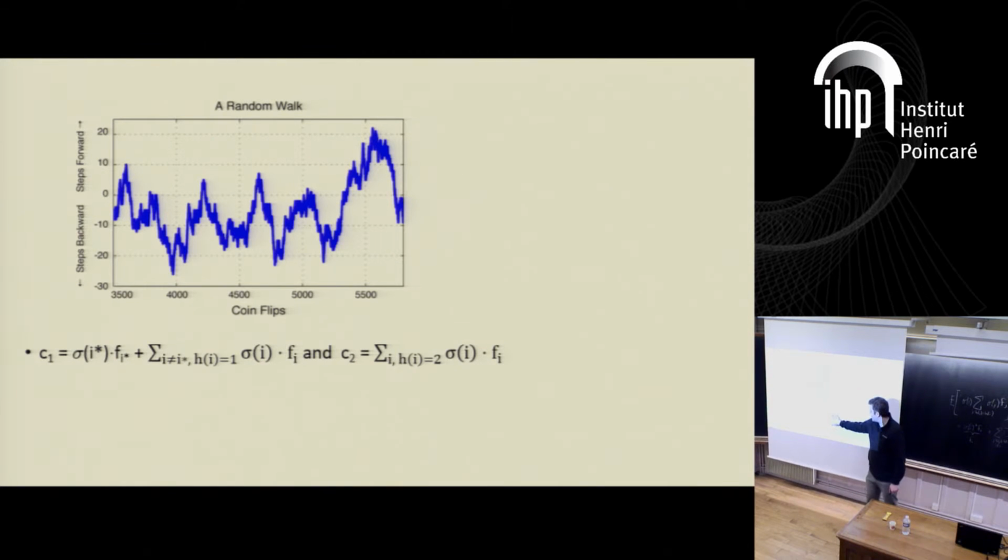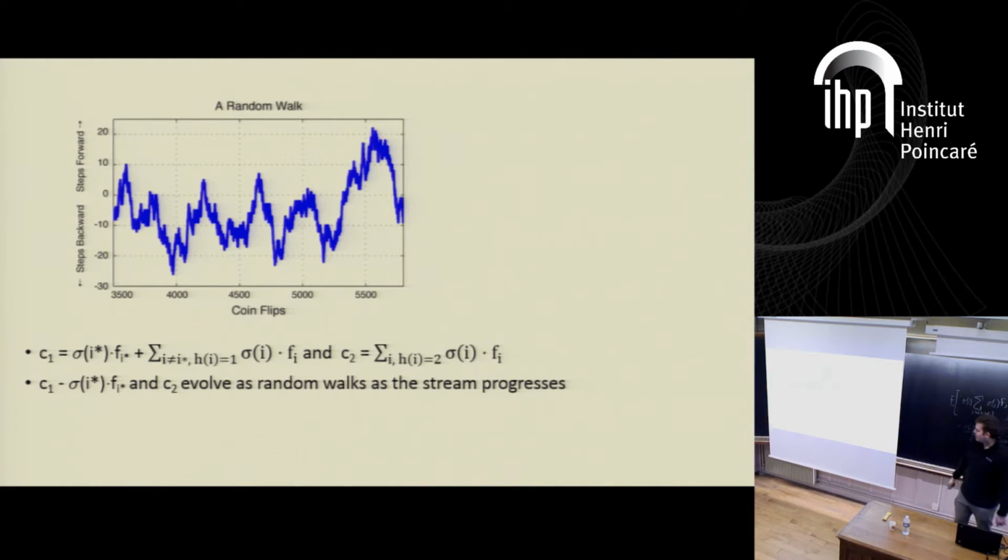And the second counter, let's just leave it the way it was before. Then the claim is that if I look at the first counter and I subtract off the contribution from the heavy hitter, sigma i star F i star, I'm just left with this. Or if I look at C2, these both evolve as unbiased random walks as I go through the stream.